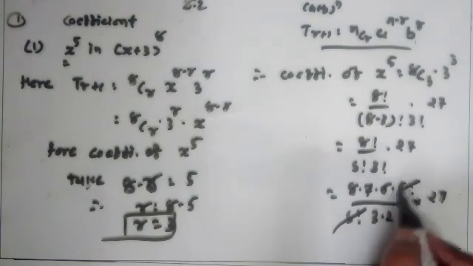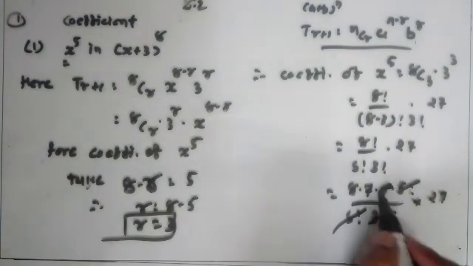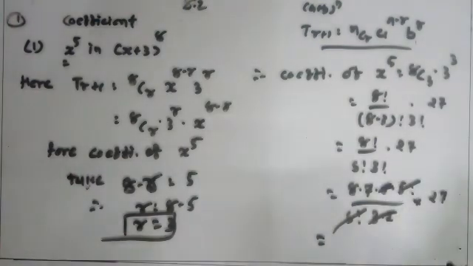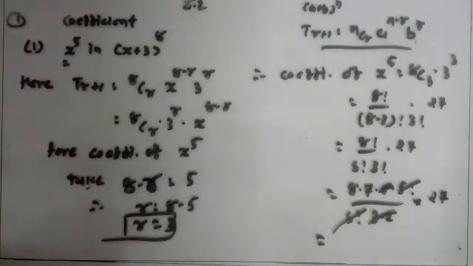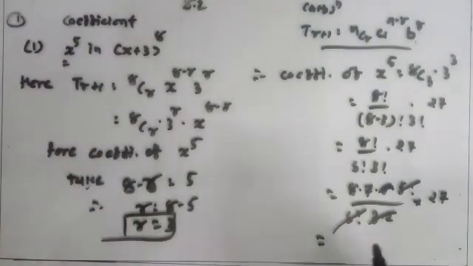Now 5 factorial from both cancel, 3 and 6 cancel. So it is equal to 27 into 7 into 8, simplification. Here using calculator, find this number: 1512. Okay.